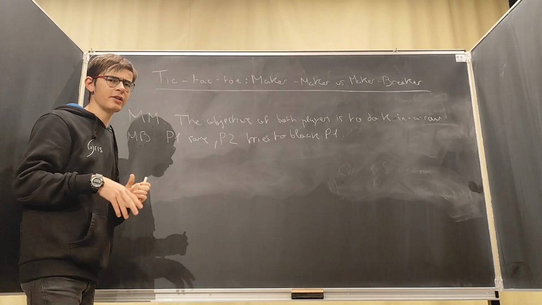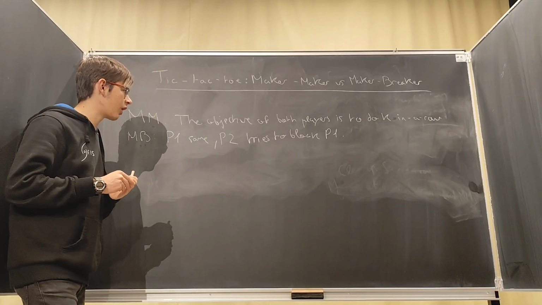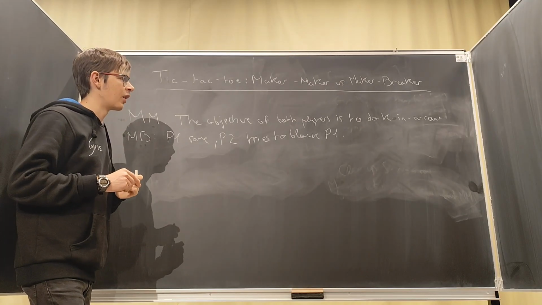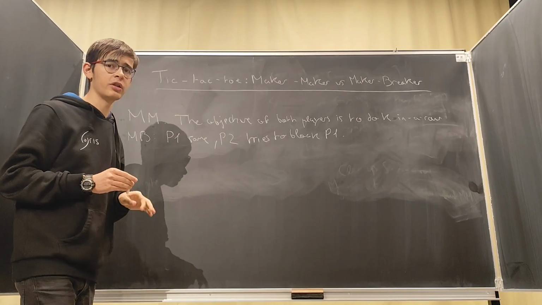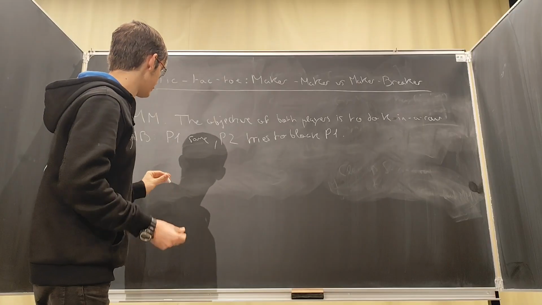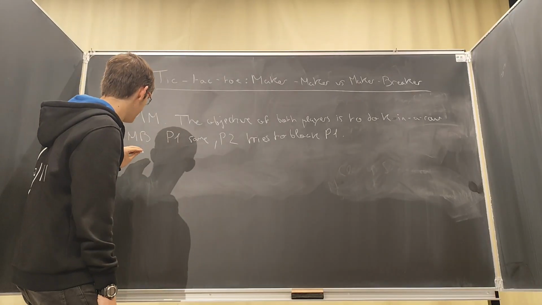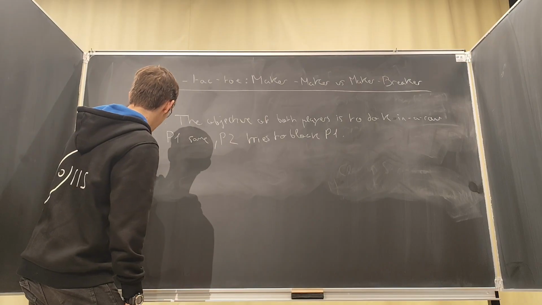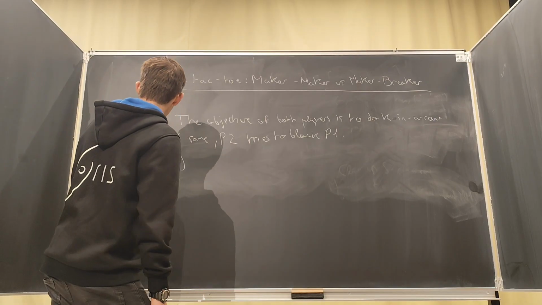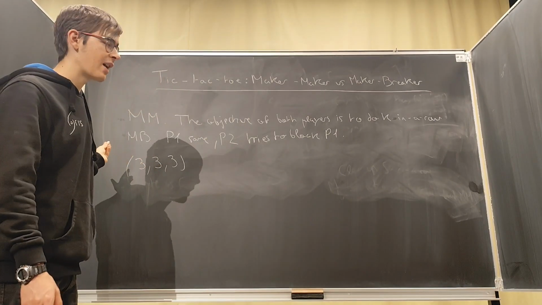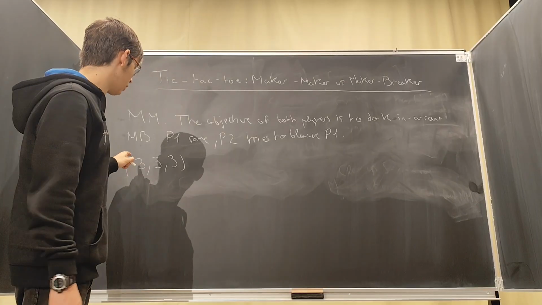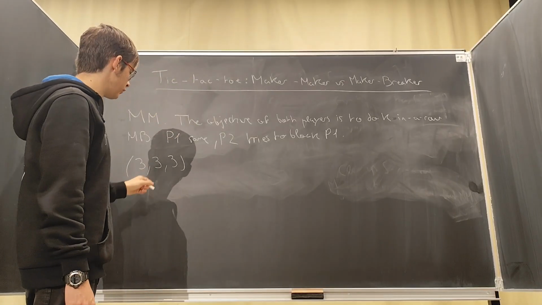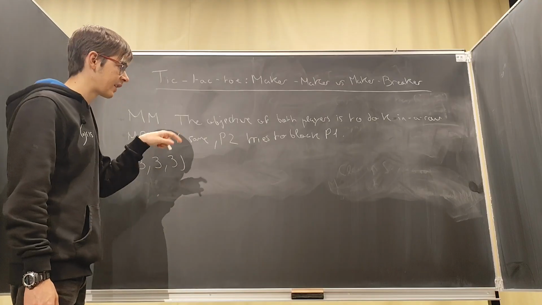Okay, so first, let's see how these two formulations, even though they seem similar, are really not the same at all. So first let's illustrate this with a simple observation. Remember we had talked about the MNK game, so the game where you're playing on an M by N rectangle and you're trying to do k in a row.